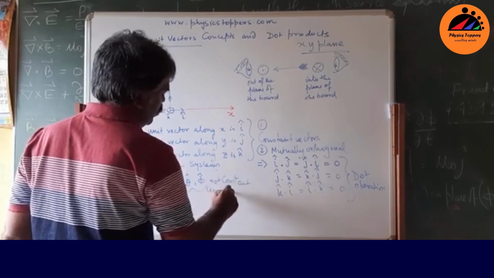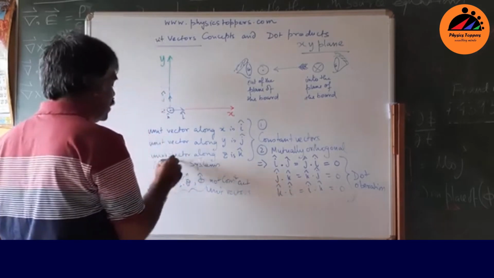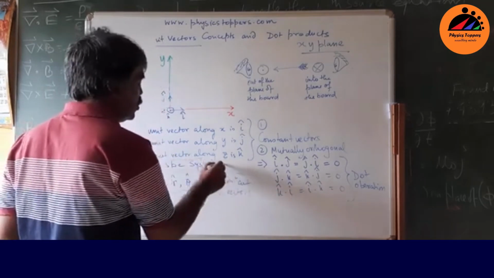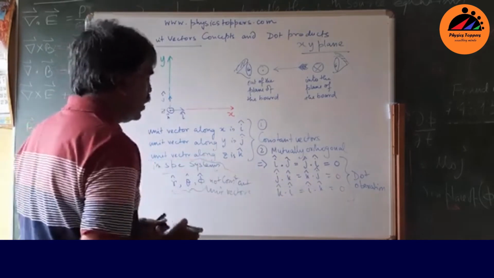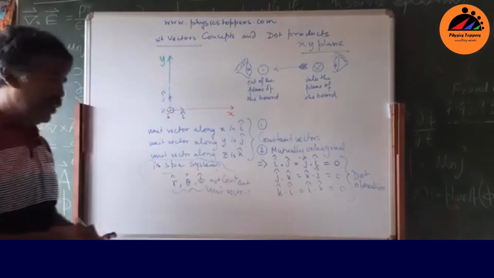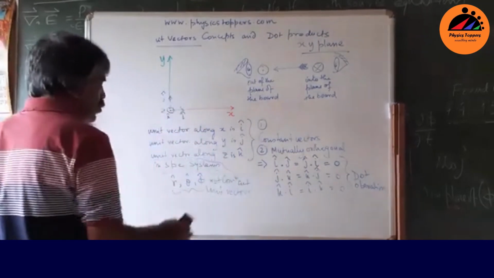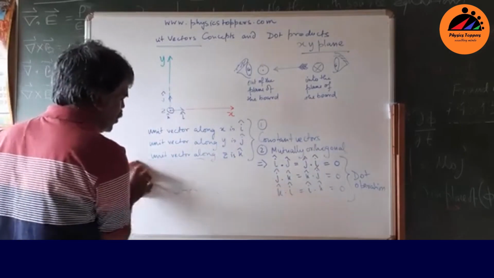For this you have to see specific videos on spherical polar coordinates. I just want to mention that this is a constant vector, and this is not a constant vector.